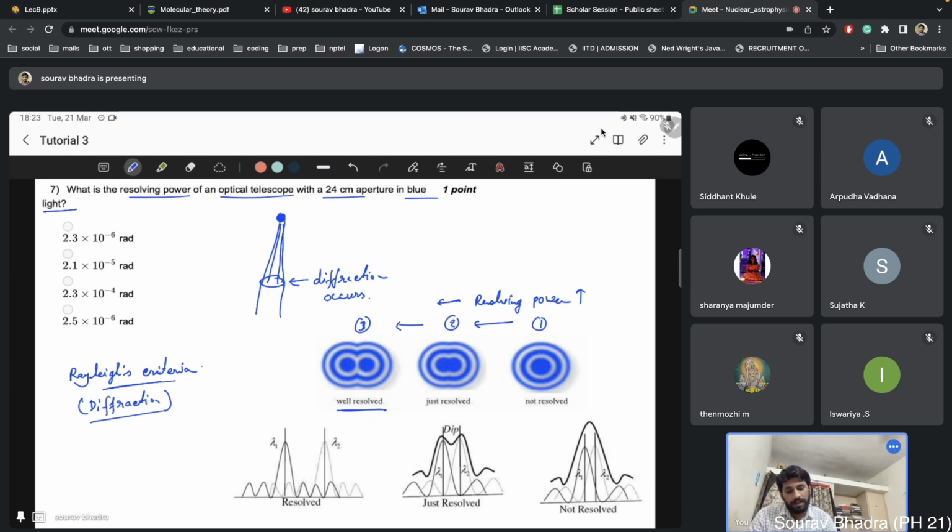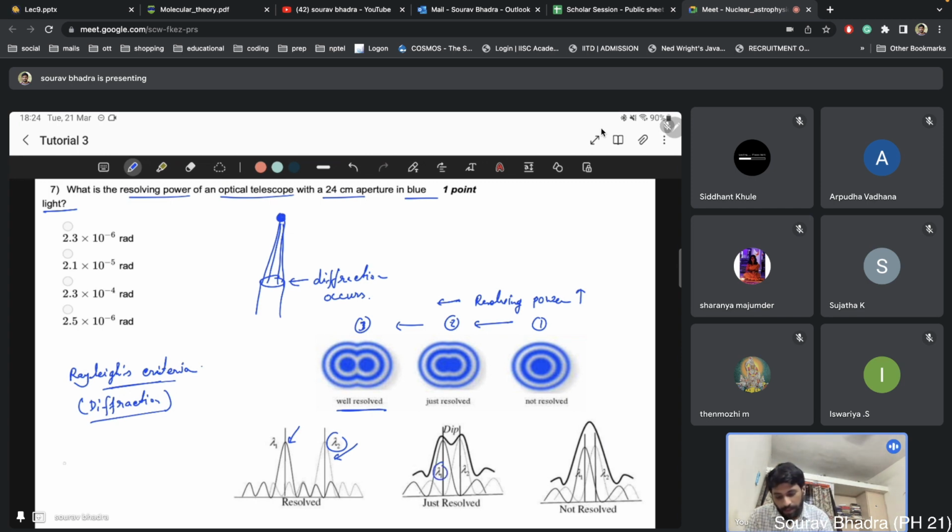If the diffraction pattern of one source is this solid line and the faint line is due to the other source, these are two diffraction patterns of two different sources. Suppose for lambda 2, it is at the same position as the diffraction minimum of the first source.